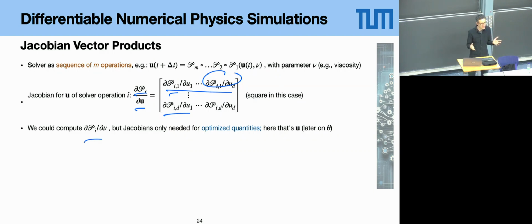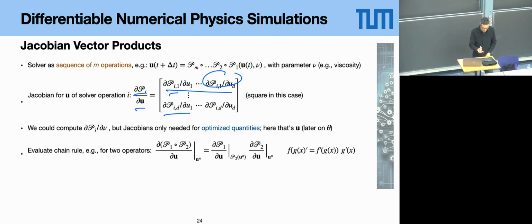We assume we don't need that. For other cases, you might. There are inverse problems where you might want to figure out, say, a viscosity value. Then, of course, we need to compute this. But even in this case, you probably have other parameters that you don't want to compute a gradient for. So this is just an example of some quantity that we'll neglect in the calculation of Jacobians.